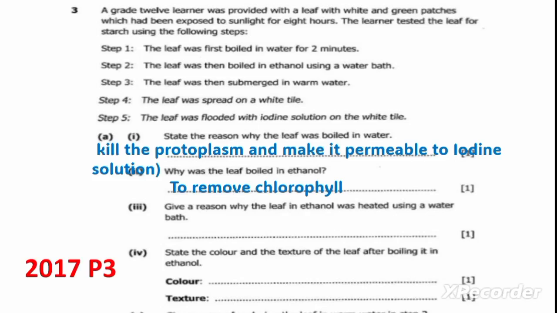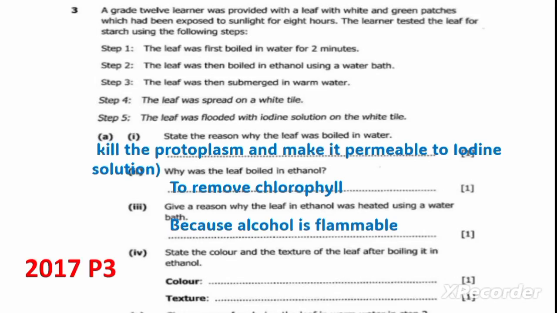Okay, we shift to question 3A, Roman numeral 3. Give a reason why the leaf in ethanol was heated using a water bath. So the reason why the leaf was boiled in alcohol or ethanol using a water bath is that alcohol is flammable. Okay. Question 3A, Roman numeral 4.